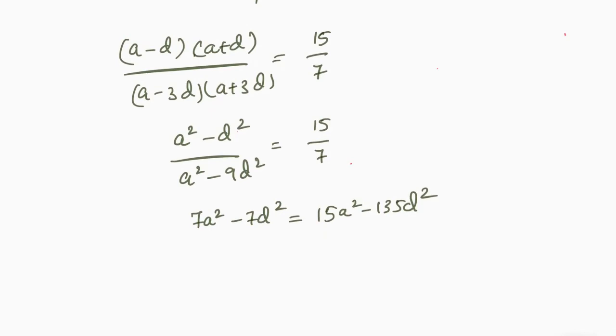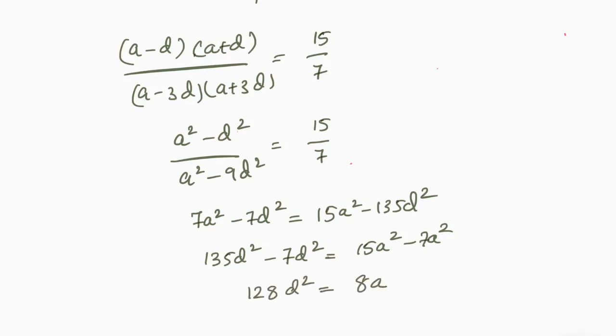Let me take it to one side. So what you get: 135d square minus 7d square equals 15a square minus 7a square. So you'll get 128d square equals 8a square. So how do we solve it?